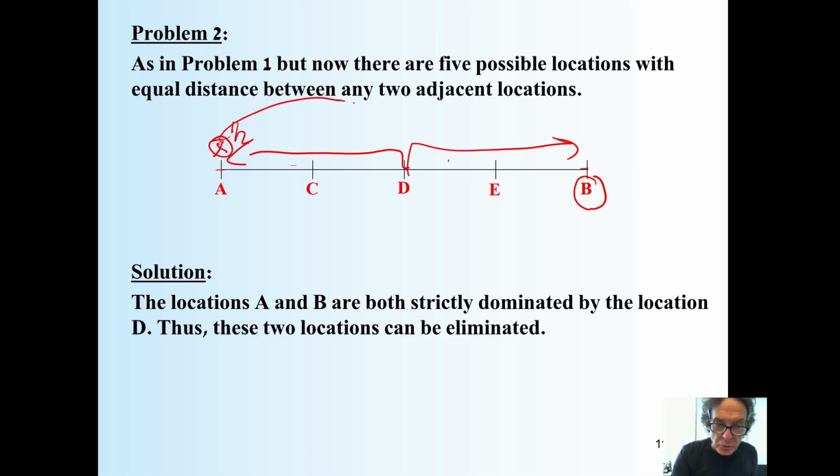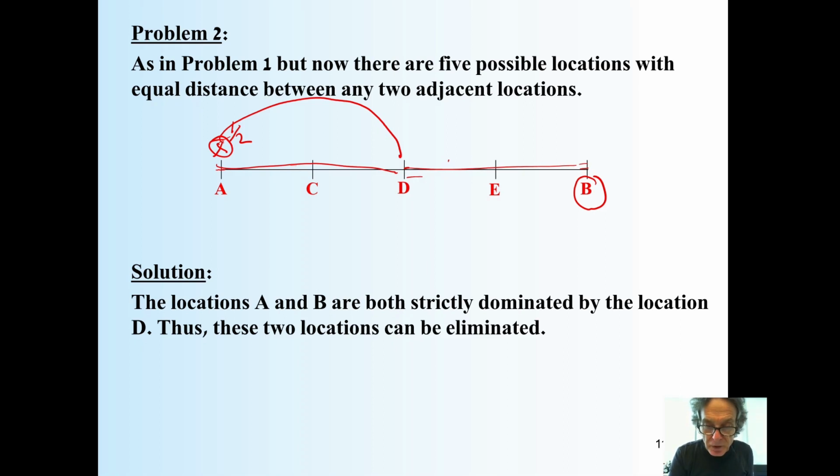But if I move to D, how much will I get? First of all, I get this half and I split with you this much. All these people will come to me, so instead of half, I'm going to get 5/8. Again, I should deviate to D.